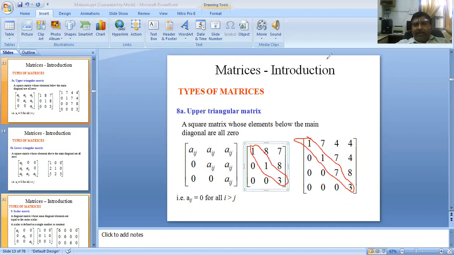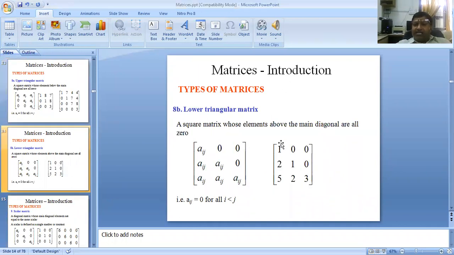In a similar way, in a lower triangular matrix, you can see that all elements above the principal diagonal are 0.